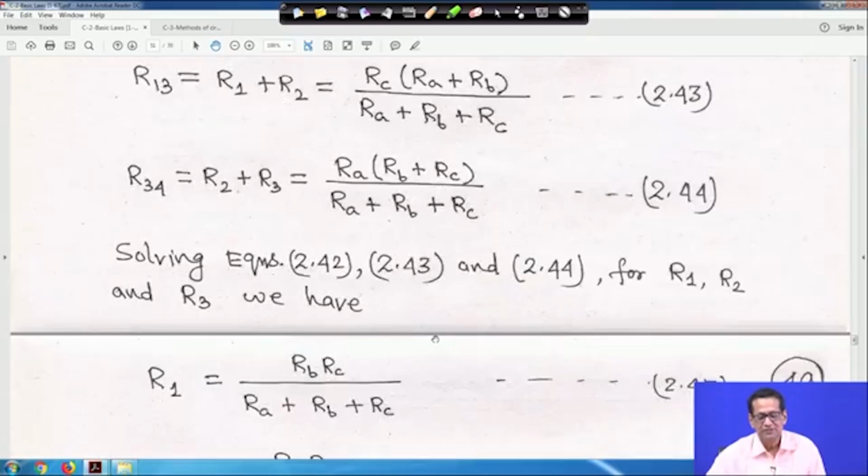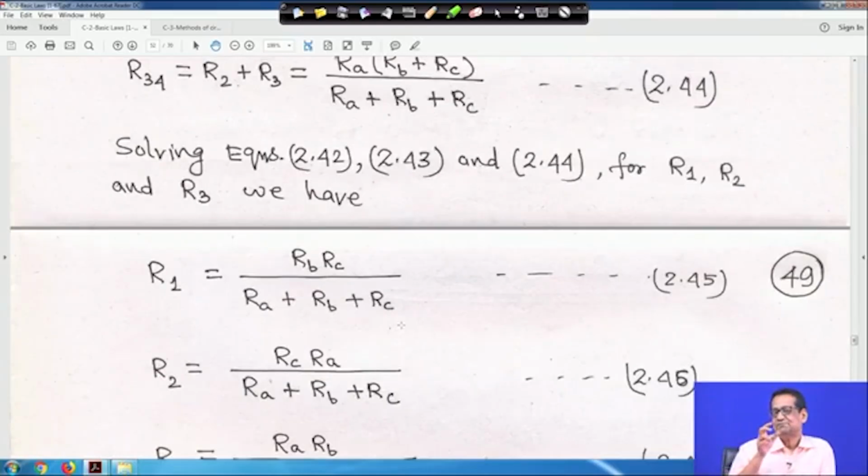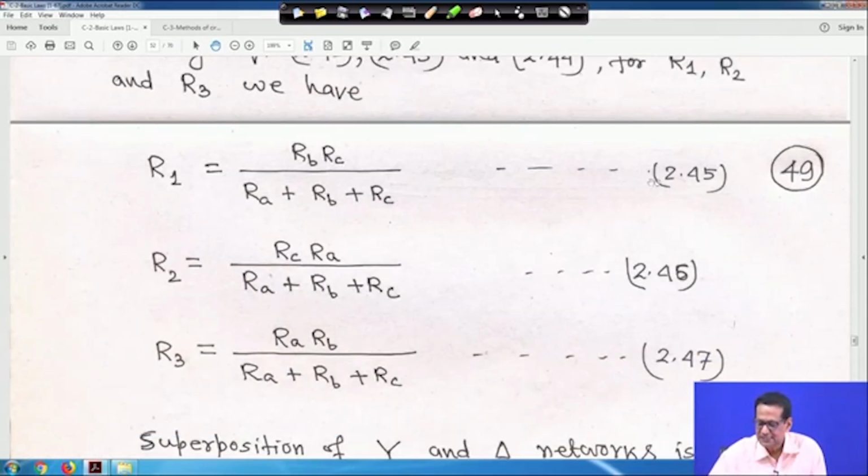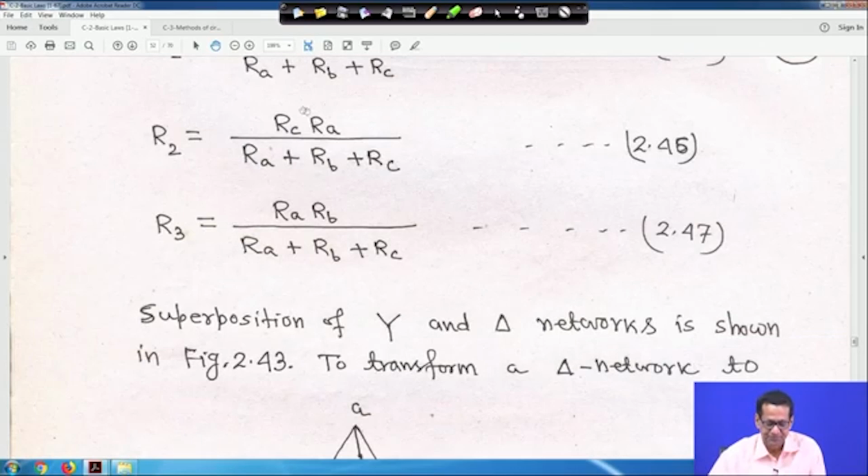That means R1, R2, R3 are all divided by the common RA plus RB plus RC, and you only take the product of the two adjacent branch resistances. That is the delta to star conversion, equations 45, 46 and 47.